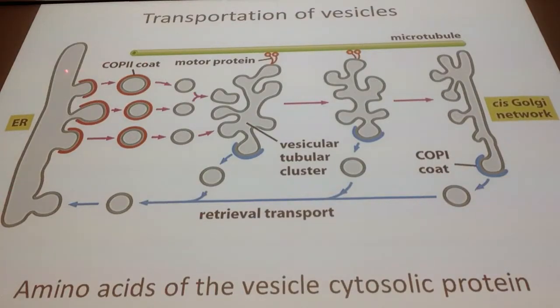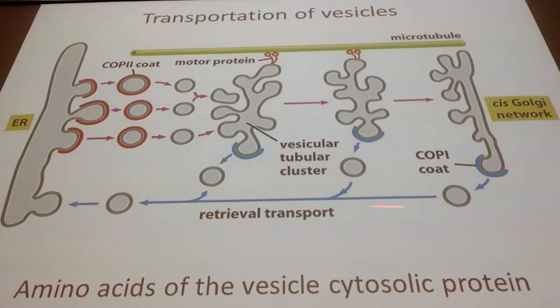And when it's done along the microtubule, if you're moving outward from the nucleus toward the plasma membrane, then since microtubules radiate out and polymerization occurs toward the plus end, outward meaning toward the plus end of the microtubule, kinesin is used as a motor protein.